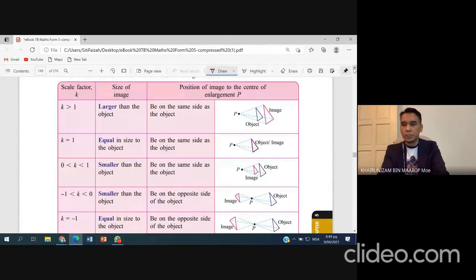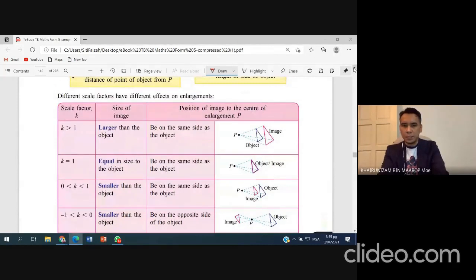Okay. These are the properties that you can take as your guidance to determine or recognize the image or the object.